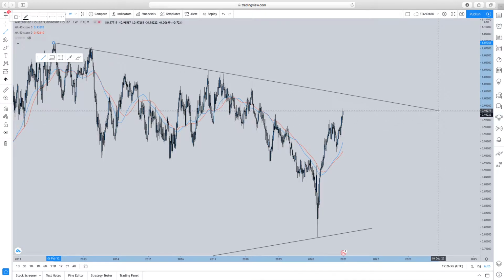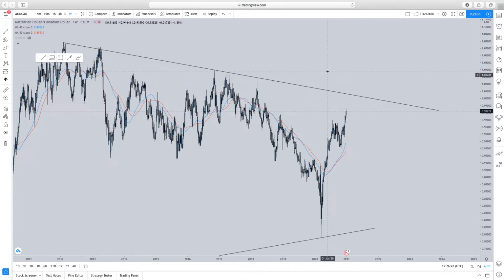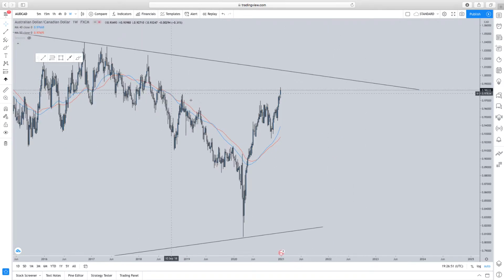You could probably see a potential move to the upside here for another touch, but I don't think it'll push that far.